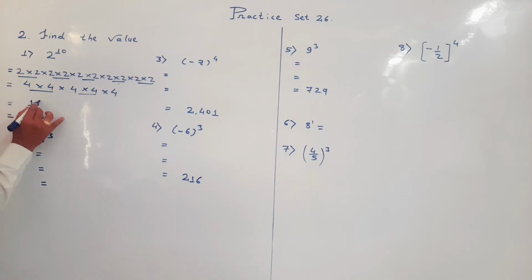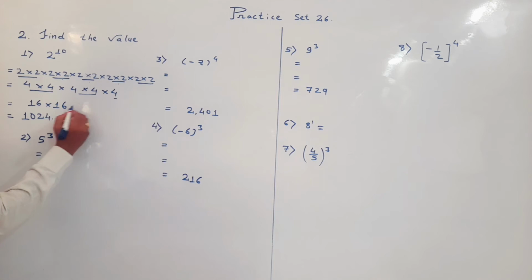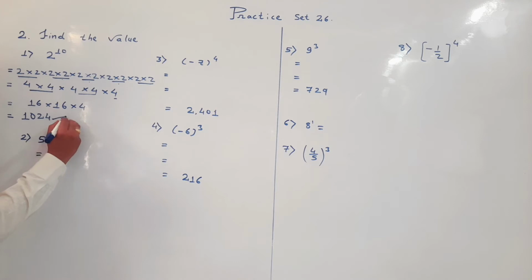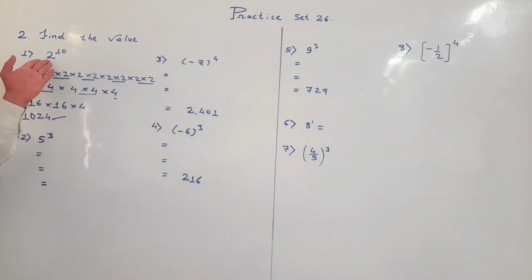We can write 16 into 16 into 4. My dear student, when we multiply 16 into 16 into 4, we get 1024 as an answer, and therefore the value of 2 raised to 10 is 1024.